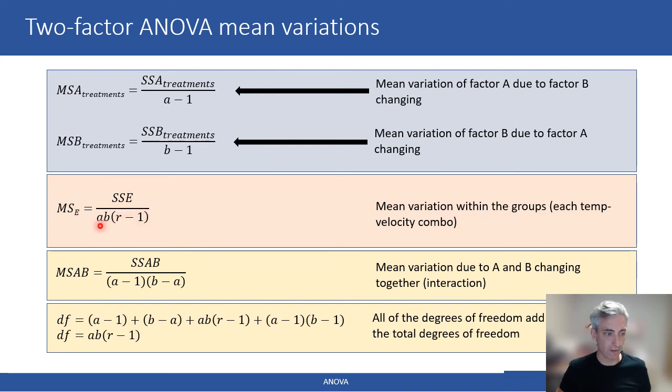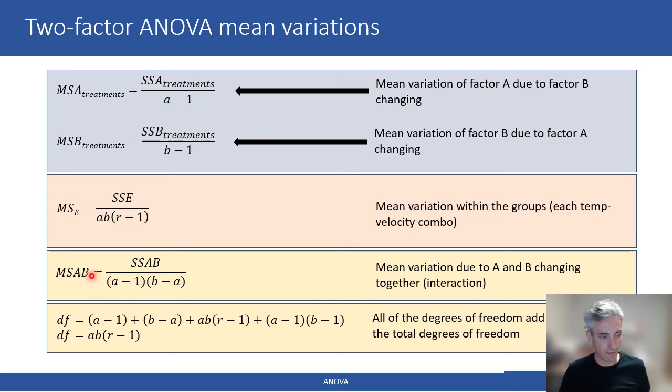In other words, 3 different levels of A and 2 different levels of B. So we had 6 different combinations with the Bessel correction done here. And this is the equation for the mean square term for the interaction. We take the sum of squares for AB and divide by this, which will give us the mean square of the AB interaction.